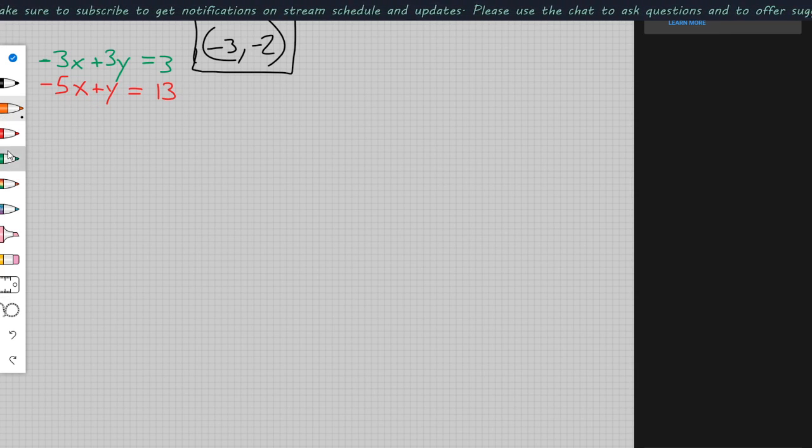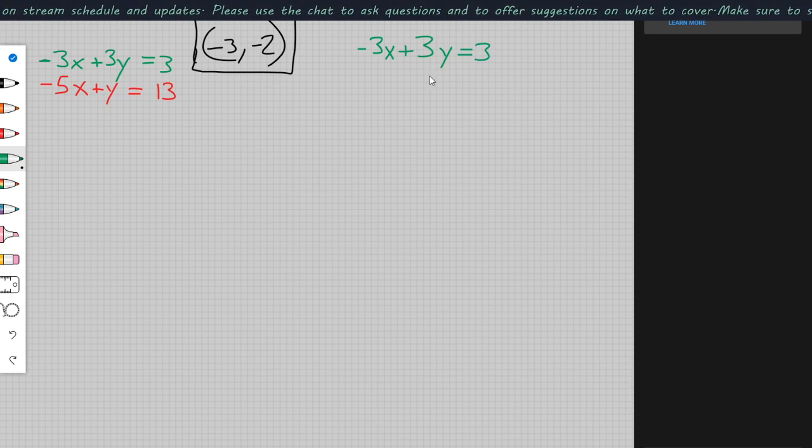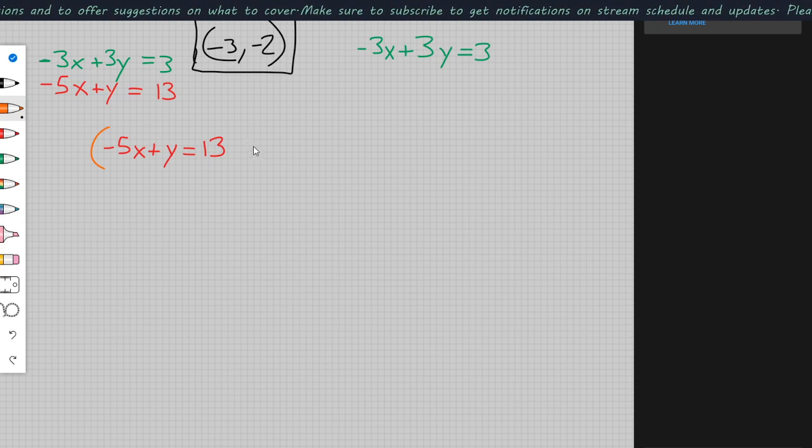So what I'm going to do is write this up first over here. And then I'm going to write the second one in red underneath, but then I'm going to multiply this by 3 because I want this to be common.